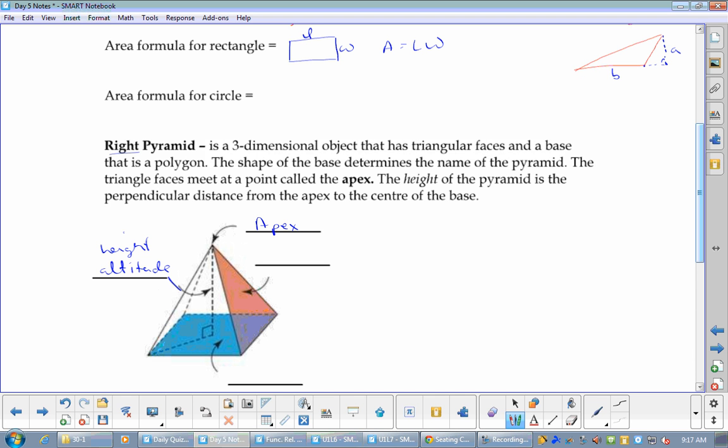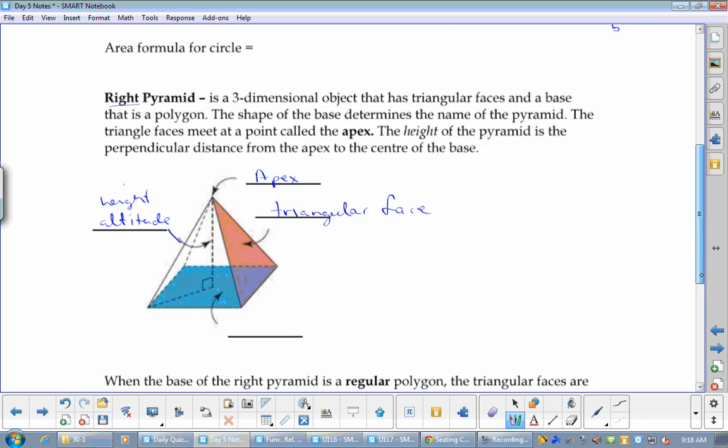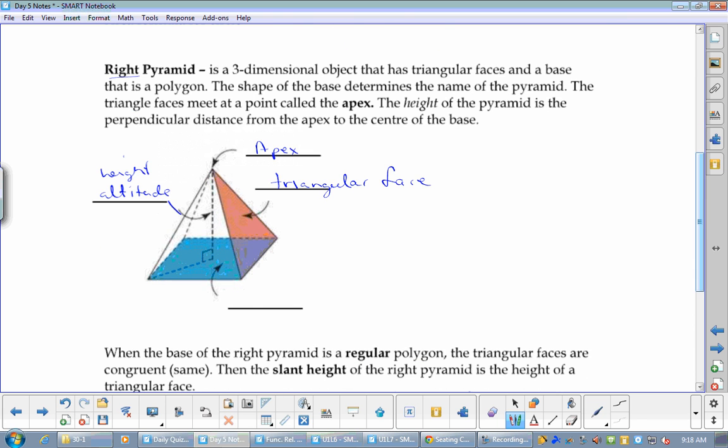That red area would be what we'd call a triangular face. And then the bottom, the blue part, is called our base.